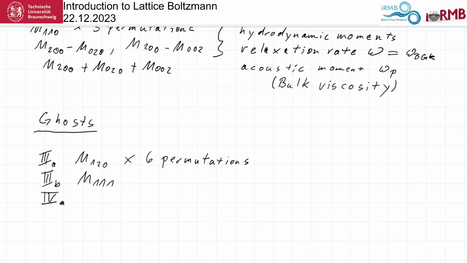So group 4A is M220, which comes with 3 permutations. And then there is a group 4B, M211. Again, there are 3 permutations.